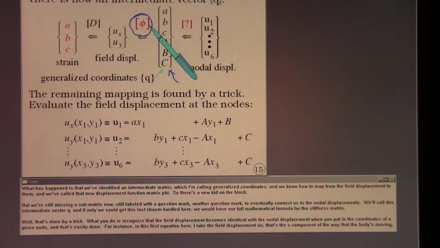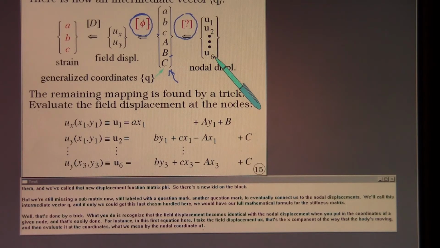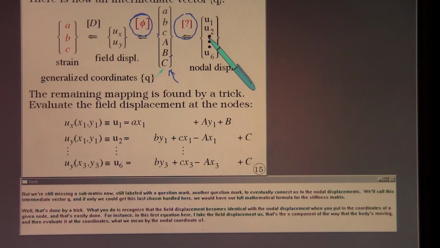So there's a new kid on the block. But we're still missing a sub-matrix, still labeled with a question mark, to eventually connect us to the nodal displacements. We'll call this intermediate vector Q, and if only we could get this last chasm hurdled here, we would have our full mathematical form of the stiffness matrix.